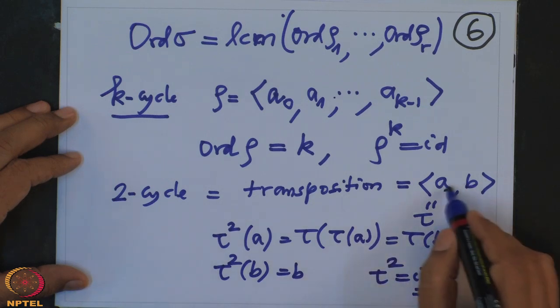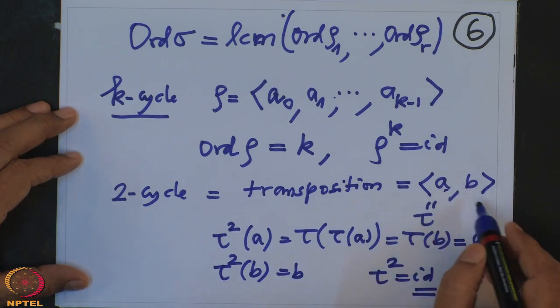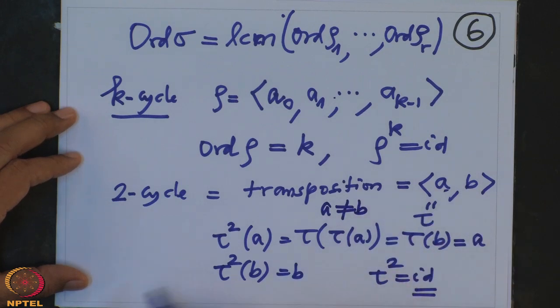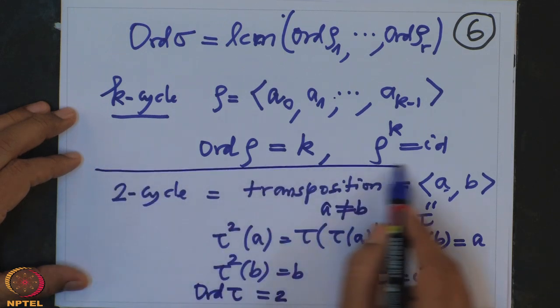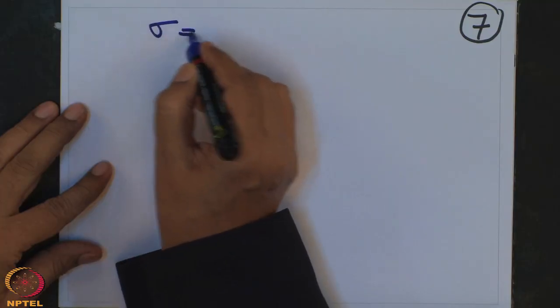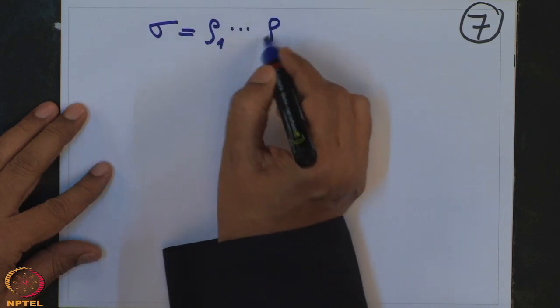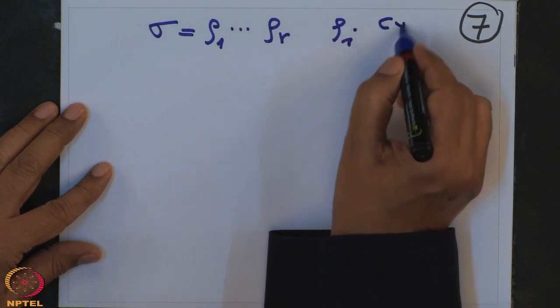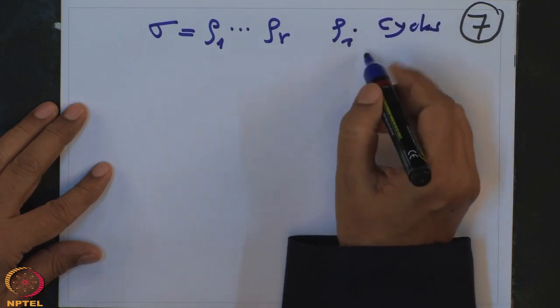And when one writes a transposition, then usually A is not equal to B, otherwise it is identity. So therefore the order of a 2 cycle, the order of tau, is 2. If you go on, then it is clear that the order of a k cycle is k. Therefore, if you would have written sigma as a product of disjoint cycles rho 1 to rho r, these rho i's are k cycles which are disjoint.